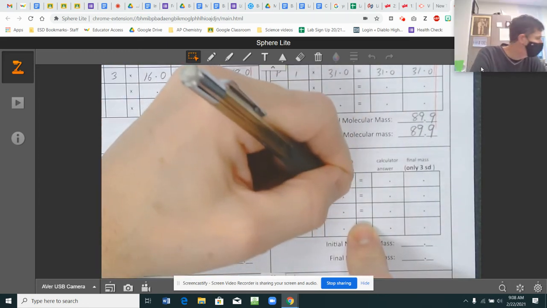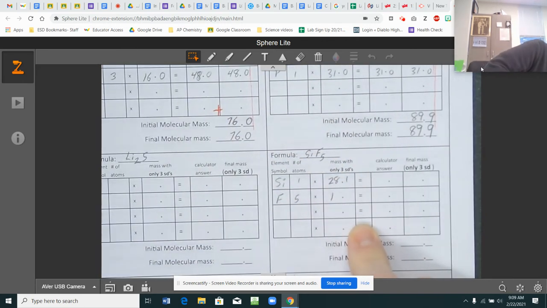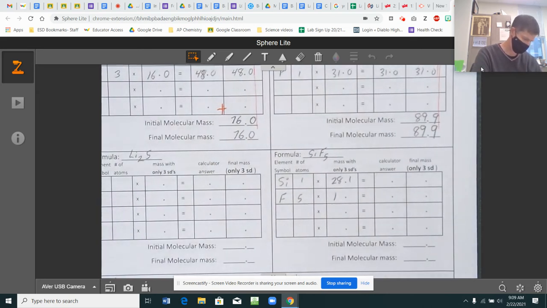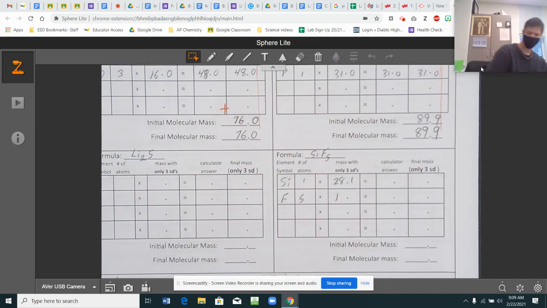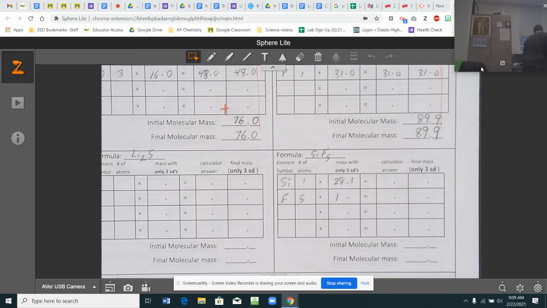You should actually catch two pieces. What do you guys see as the mass for fluorine?